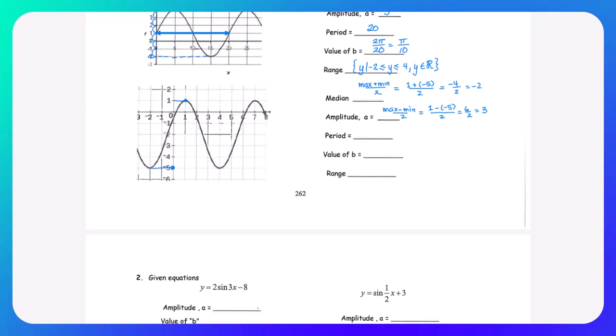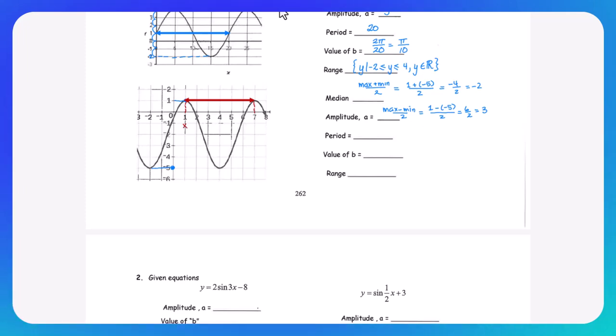Now, what about the period? Let's look at what we have here. For the period, it's the distance between two maxes. It doesn't really start at 0. We could kind of eyeball it if we want, but it's nicer to do it this way. What we're going to do in this case is drop these down here.